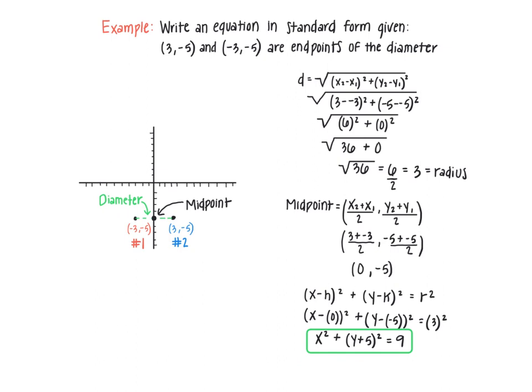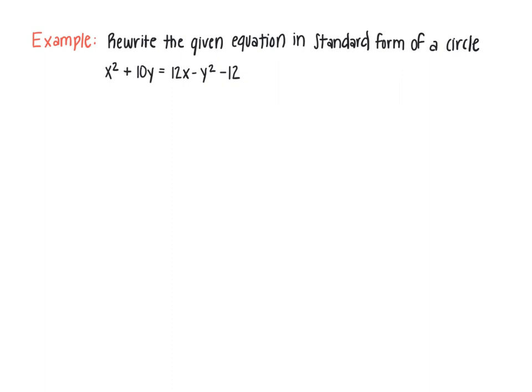The final way to find the standard form equation of a circle is by taking a pre-existing equation and rearranging it to give you the standard form equation. So you always want to start by rearranging everything in the equation so that you're alphabetical and so that you have the largest exponent first.